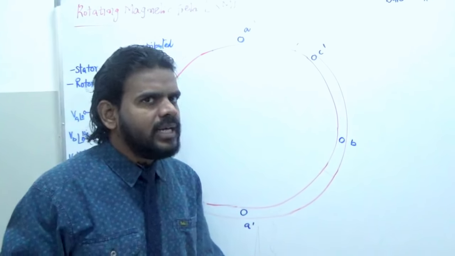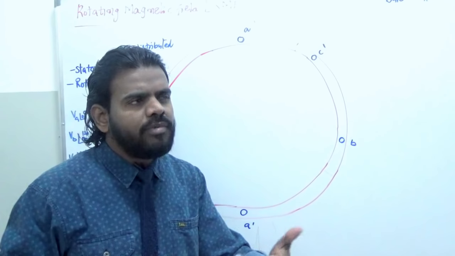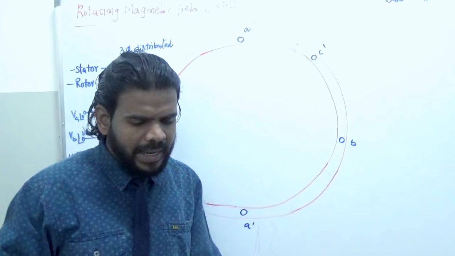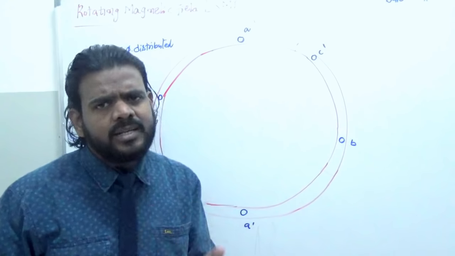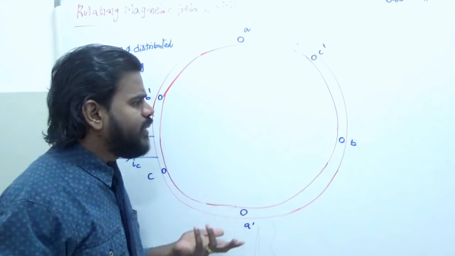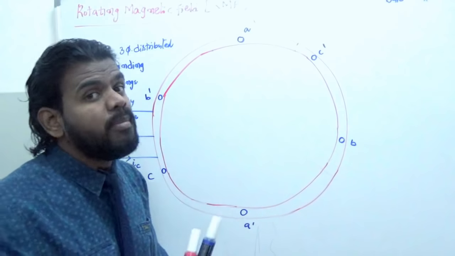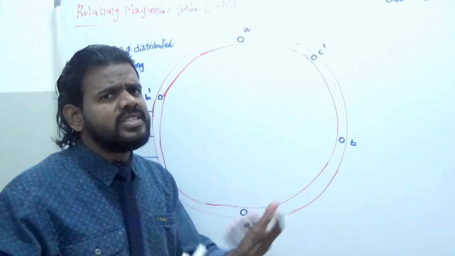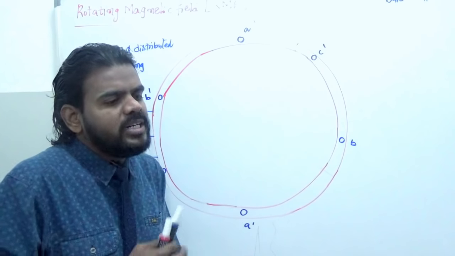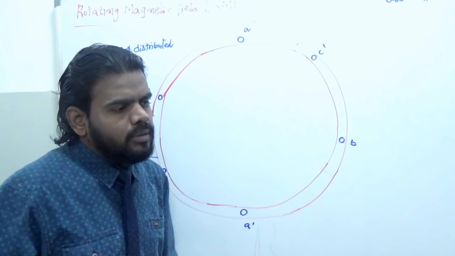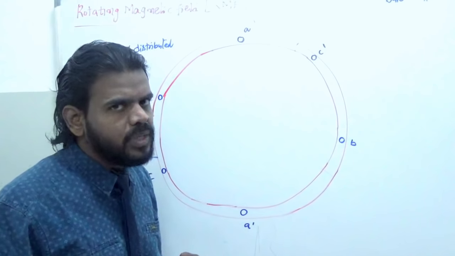Maybe they'll explain with waveforms or with the help of vector diagrams, but I would like to explain in detail exactly how the magnet moves. Physically you can see the movement of the total magnetic field on the stator. Okay, shall we go on?